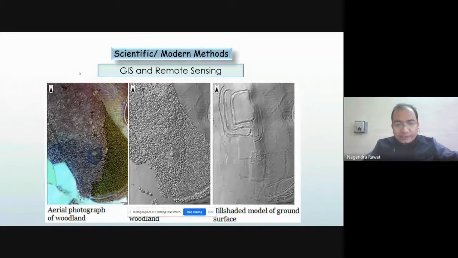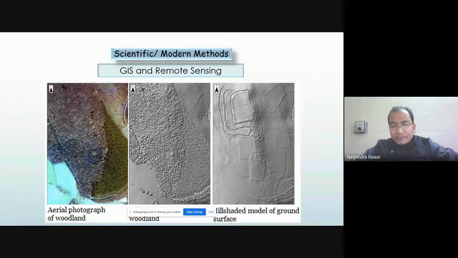So some satellites, some cameras, or some data generated by some sensors can penetrate those clouds, those dense forests, that vegetation, and can identify the features that exist on the ground. In these images we can see the difference between the first image and the third image.